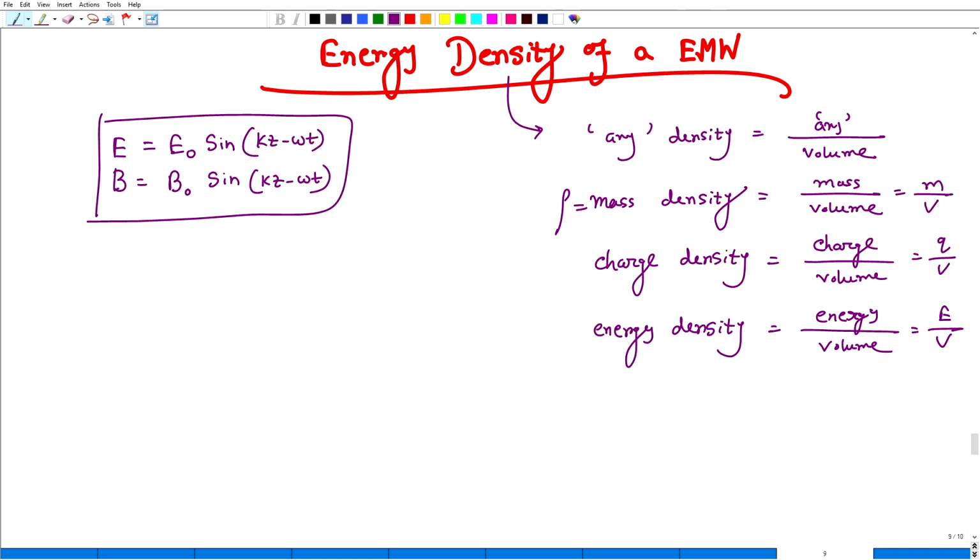If it is charge, then charge per unit volume. If it is mass, mass per unit volume. If it is energy, then energy per unit volume. Just these things.